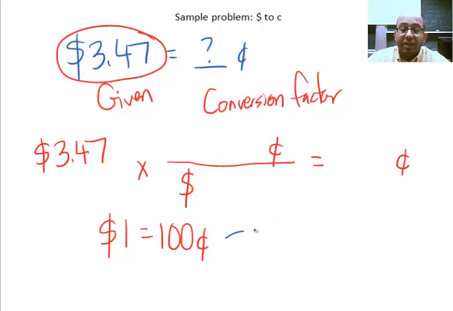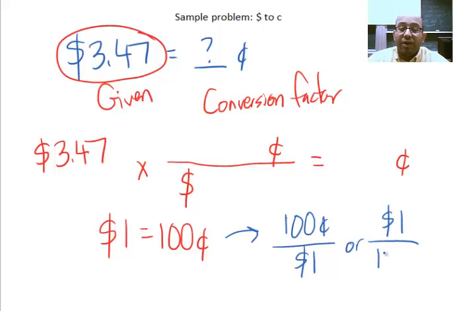Well, what fractions can I write from $1 equals 100 cents? Well, I can write 100 cents on the top and $1 on the bottom, or I can write $1 on top and 100 cents on the bottom. Notice these are the same, they're just flipped. So they're reciprocals of each other.